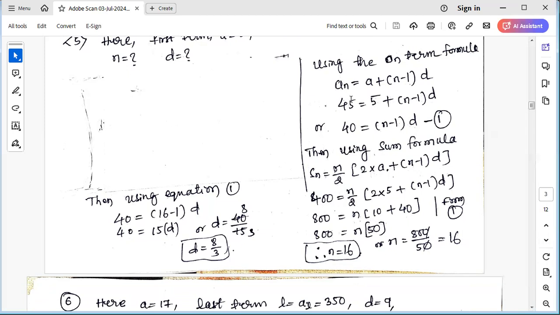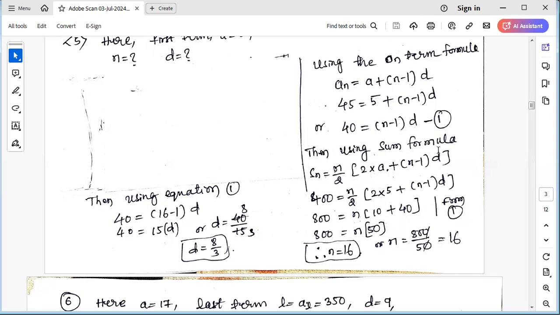You put values, the value of an is 45 because this is the last term. First term is 5 plus n minus 1 into d. These both values are not known, so you keep as it is. So take this 5 to LHS, it becomes 40. This is 40 is equal to n minus 1 into d. Let this be equation 1.